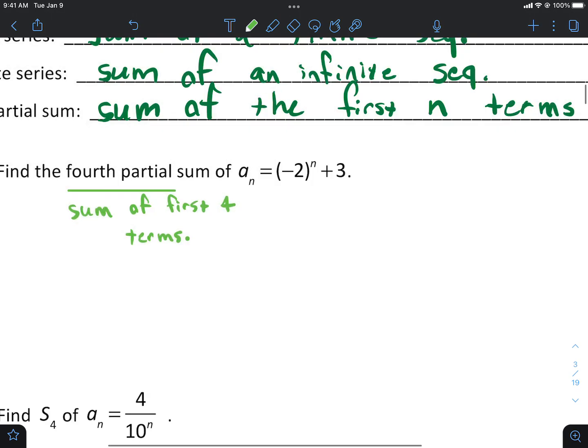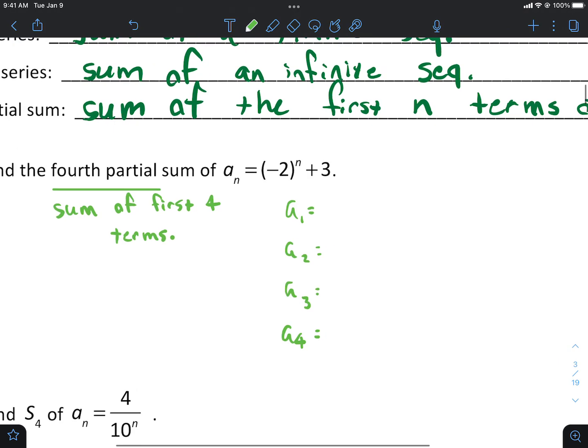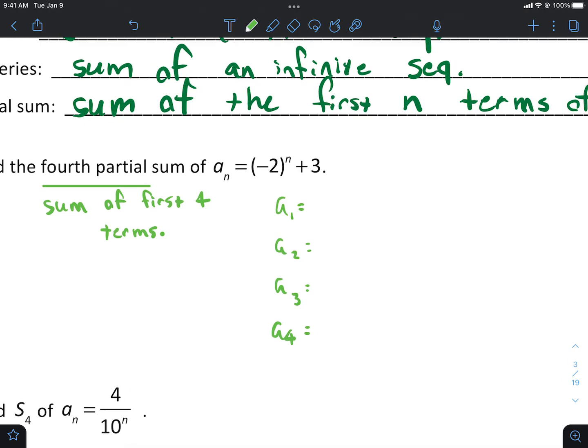So what we're going to have to do is figure out by hand what A1, A2, A3, and A4 are. Since they gave us n and not n minus 1, we can find these in any order we want. Actually, just to prove a point, I'm going to find A4 first because you don't need the previous term to find that.